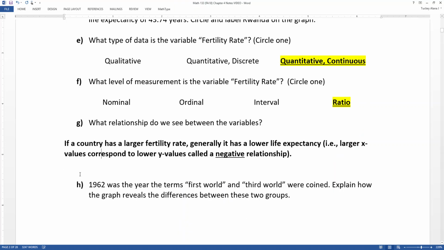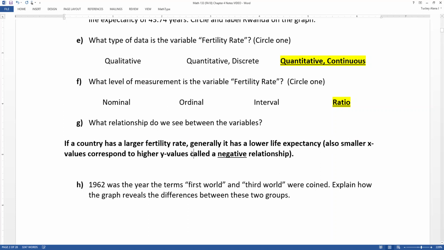So I just typed that up here. If a country has a larger fertility rate, so farther over onto the right of the graph, then it'll generally have a lower life expectancy. So there's groups to the right and low, and groups to the left and high. In other words, smaller X values correspond to higher Y values as well.